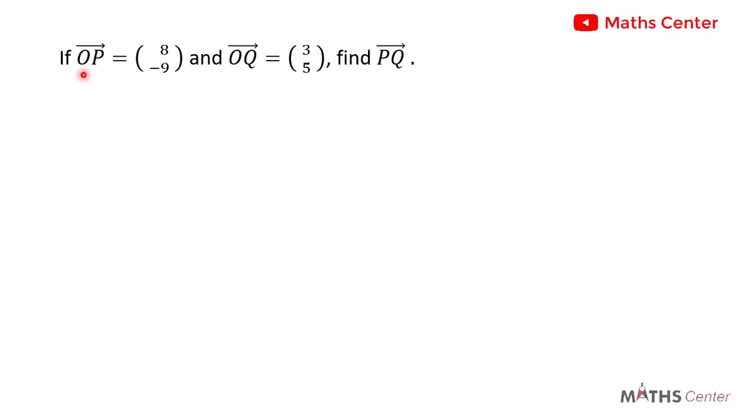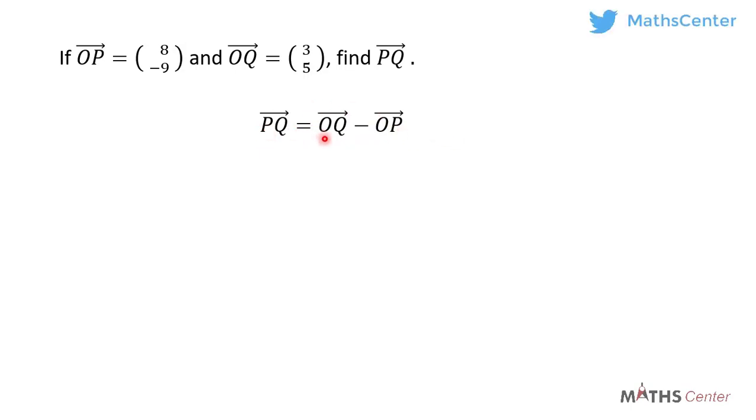If the vector OP is equal to (8, -9), and the vector OQ is equal to (3, 5), find the vector PQ. The vector PQ is given by the position vector of Q, which is the vector OQ, minus the position vector of P, which is the vector OP.